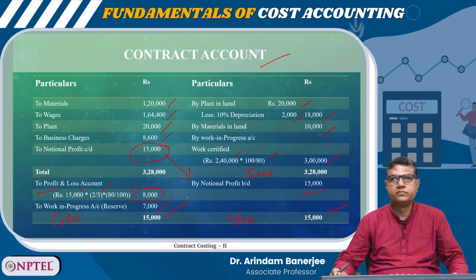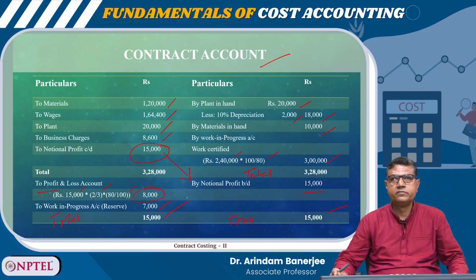Materials returned from site 250. Plant hire charges 1,750. Wages related costs 500. Site office cost 678. Head office expenses apportioned 375. Site expenses incurred 902. Work not certified 149.